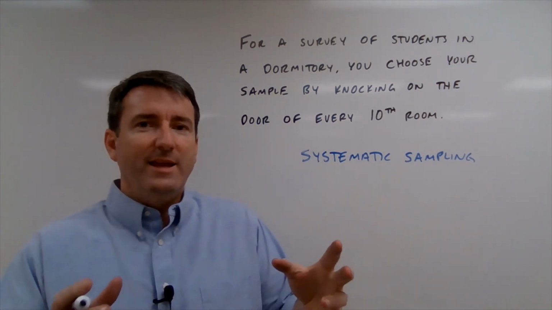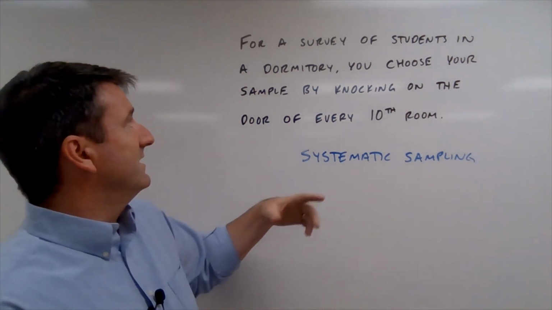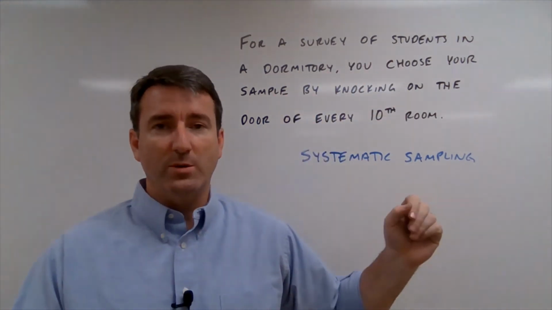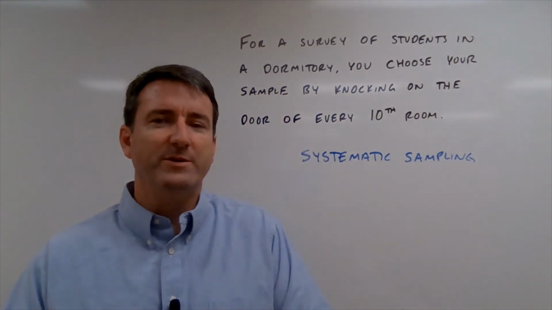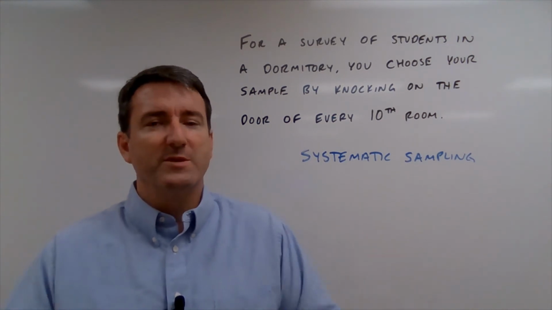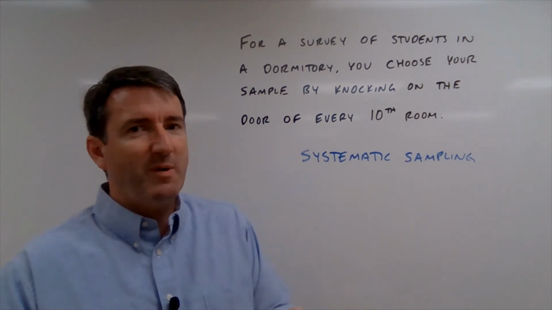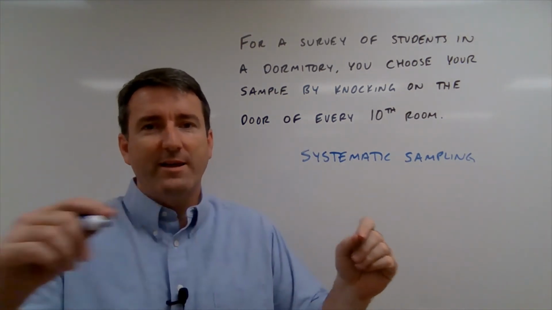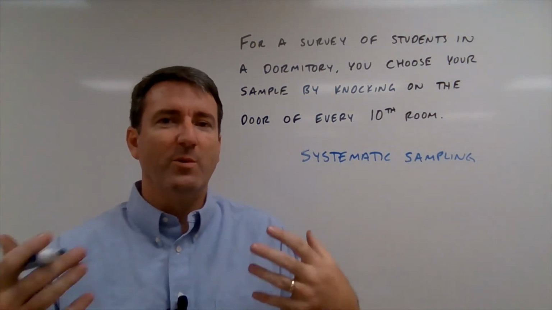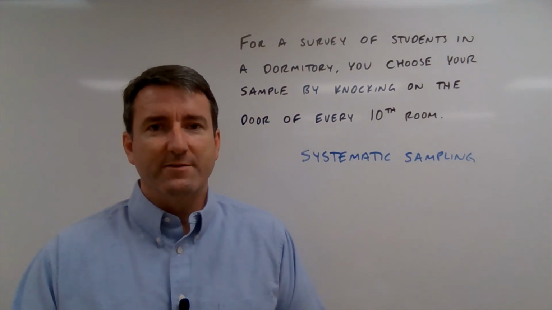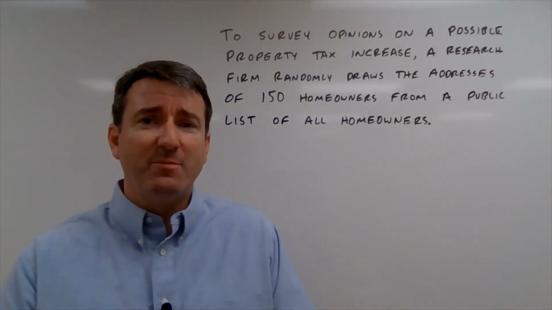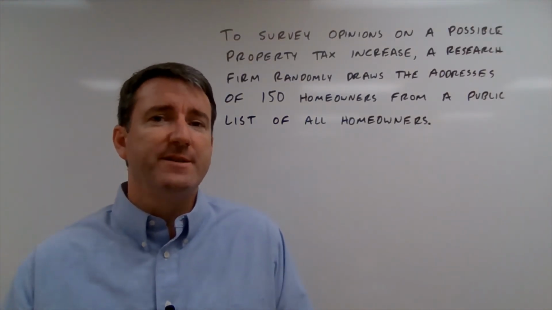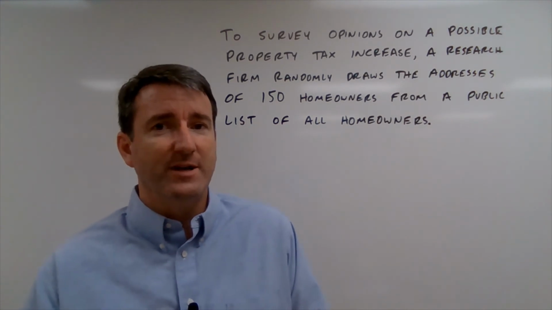Now, if our population were the entire school, then focusing on one dormitory wouldn't be a representative sample. But since the population is students in this dormitory, by knocking on every 10th door within the dormitory, we will get a representative sample.